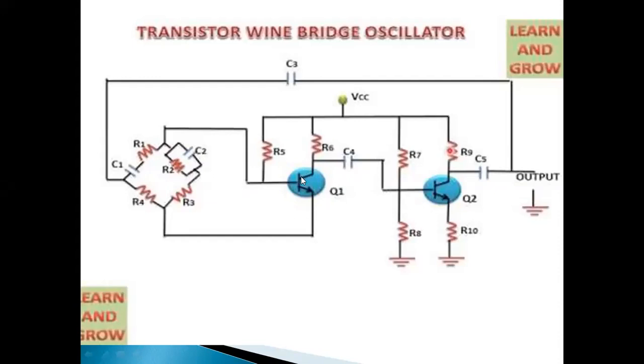One transistor provides 180 degrees phase shift, we know, and we are using another transistor which provides another 180 degrees phase shift. So totally we get 360 degrees phase shift, 180 plus 180. By the use of the two-stage RC coupled amplifier, we have 360 degrees phase shift.